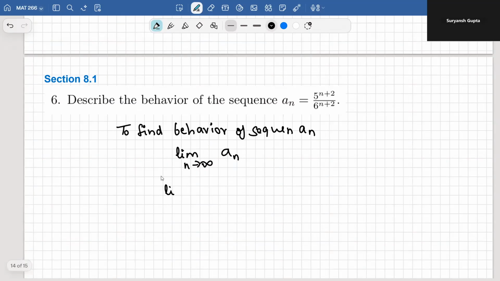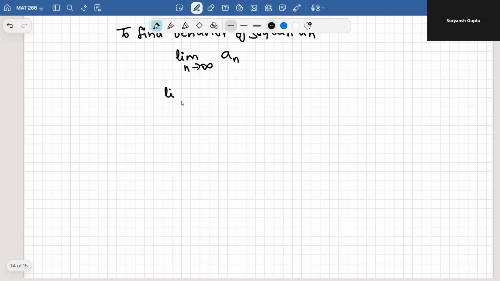So this is now equal to the limit of n tends to infinity. We just replace a_n with the term that was given to us: 5 to the power n plus 2 divided by 6 to the power n plus 2.